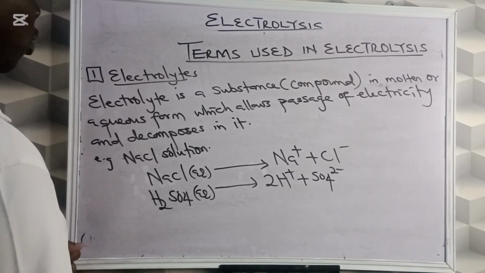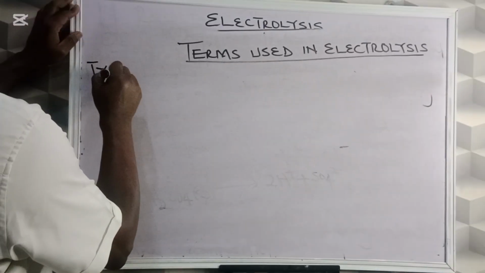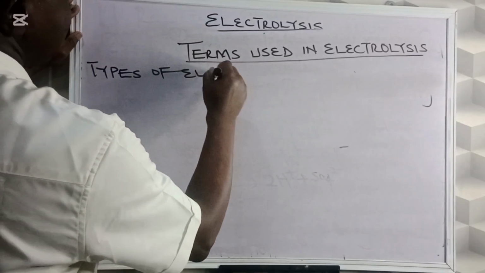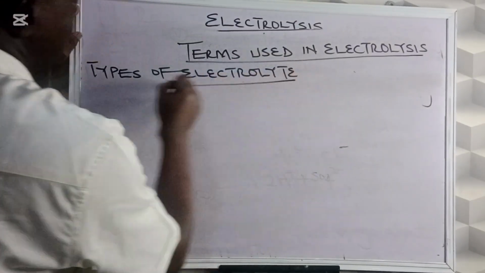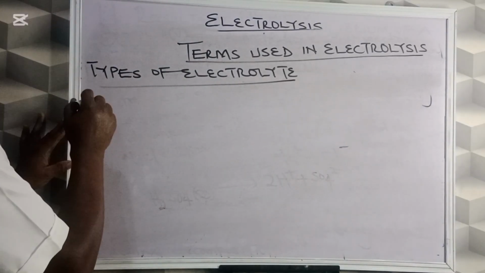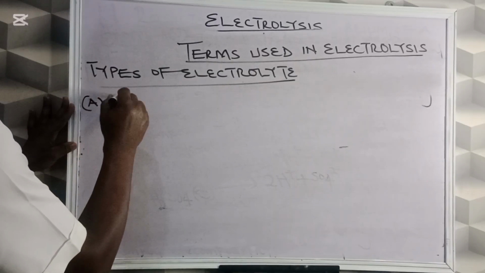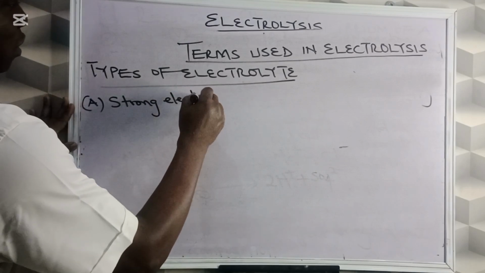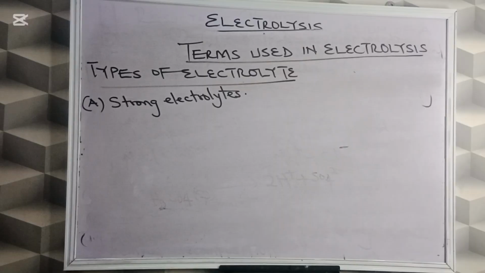So we have types of electrolytes. Let me call it A: we have strong electrolytes and weak electrolytes. So let's see strong electrolytes first.